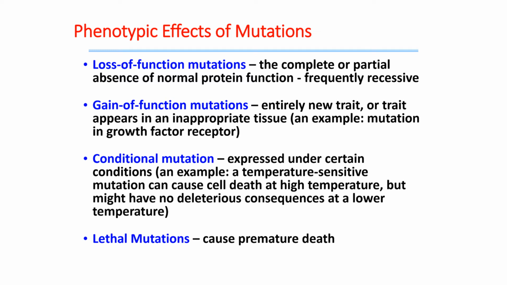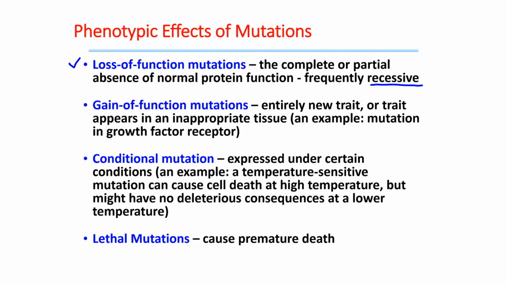This is only one group of mutations which we call loss of function mutations. They trigger complete or partial absence of normal protein functions, and they are frequently recessive. We discussed some of those mutations, such as cystic fibrosis, for example.